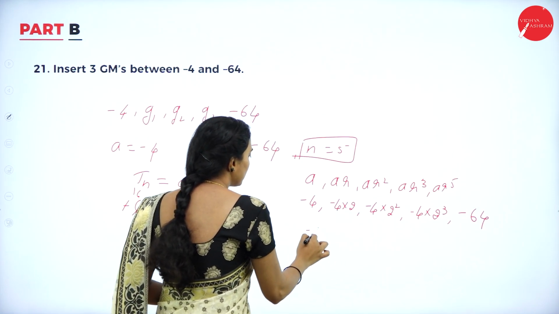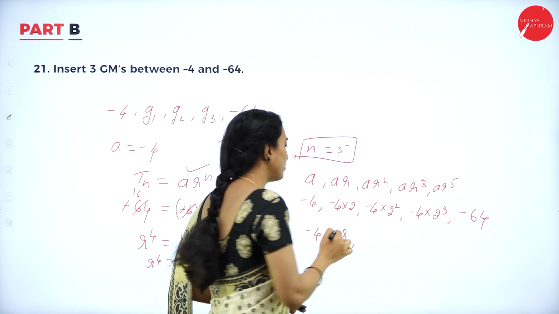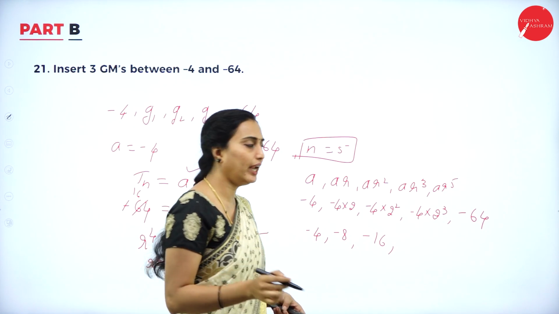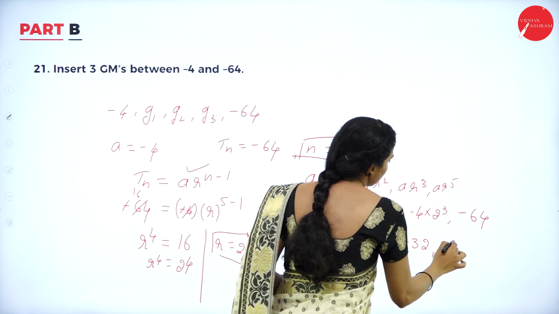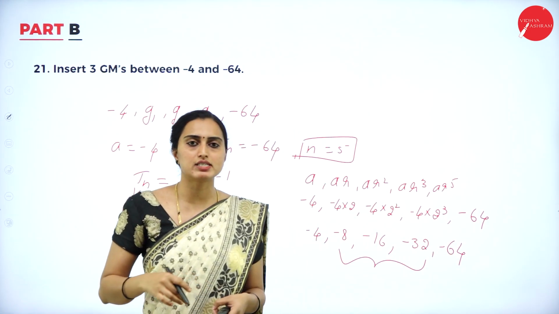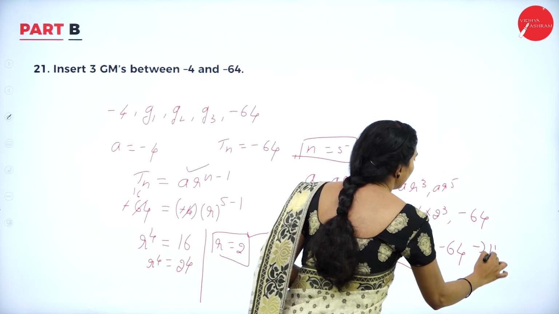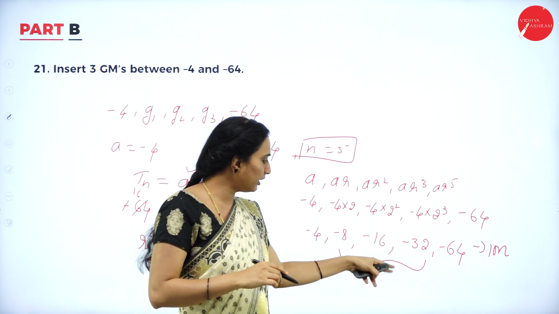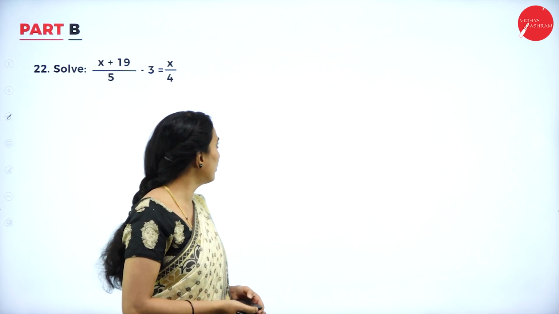Now minus 4, minus 8, minus 4 into 4, which is minus 16. Again minus 4 into 8, which is 32. Again 64. So the 3 GMs are minus 8, minus 16 and minus 32. So finding this will be given 1 mark. Understood? All this no need to write, directly you can come to this and write down. That's it. Now we'll be moving on to the next question.